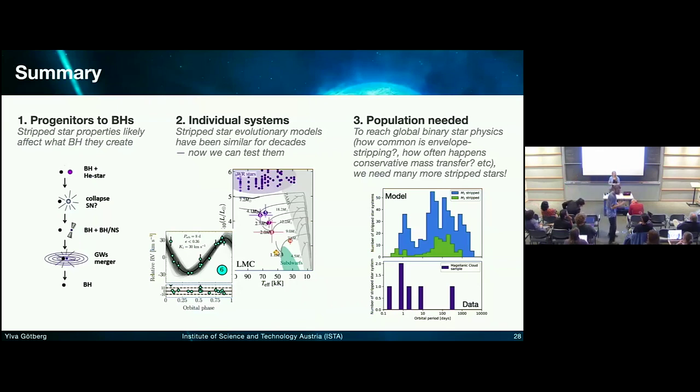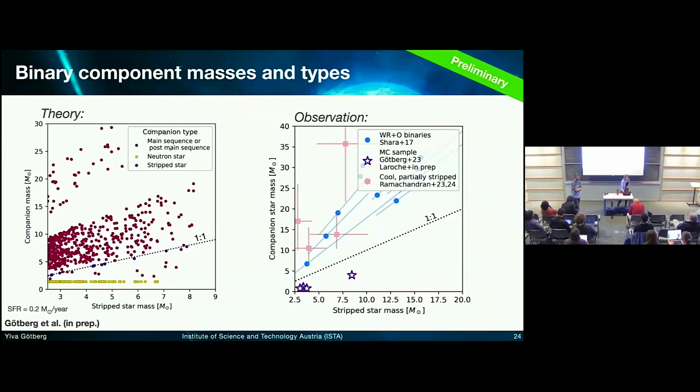Thanks for the amazing talk. In the observed sample of stripped stars, their companion masses seemed lower than what you were predicting in the population. Is that a selection effect, that it's hard to find stripped stars if the other star is a lot more massive and bright? Yes, good point, Niv. Let me put up that plot.